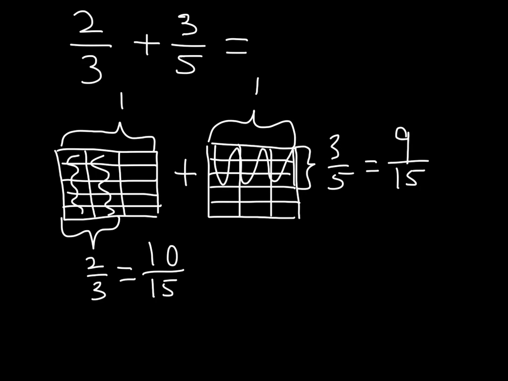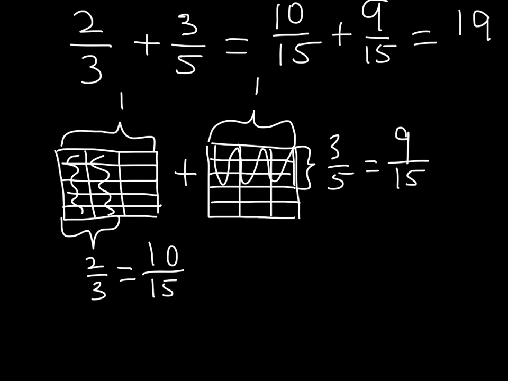I'm going to go up to my equation and show that I converted 2/3 to 10/15ths, and I converted 3/5 to 9/15ths, and when I add them, sure enough, it's more than 1, it's 19/15ths.